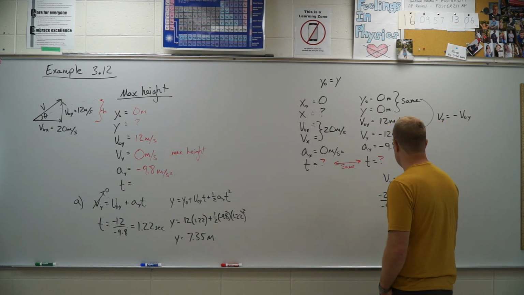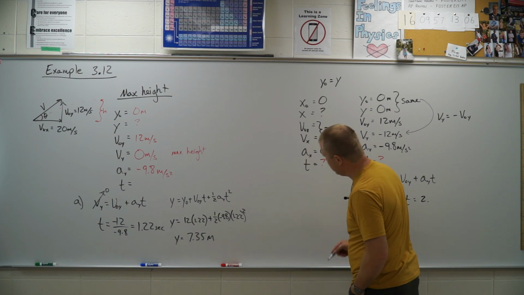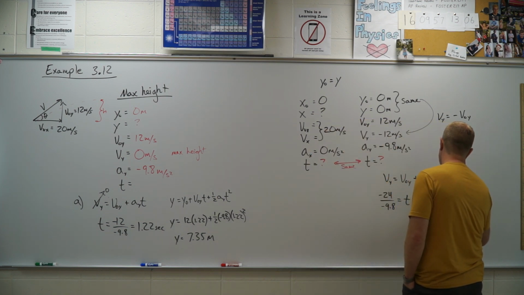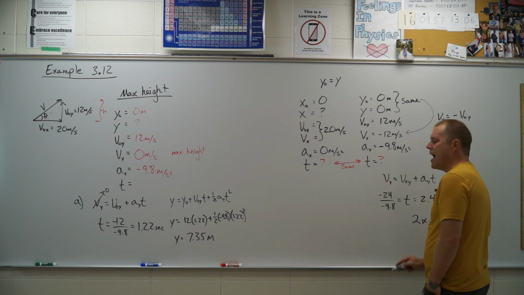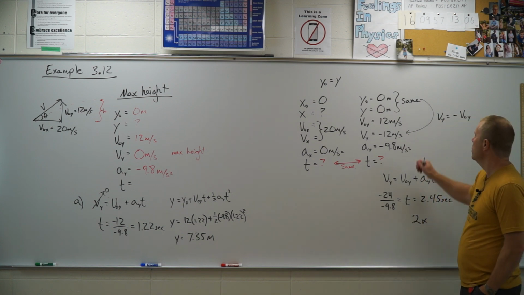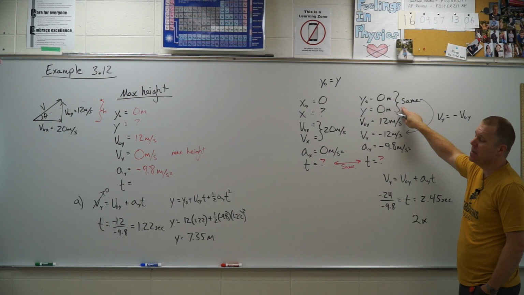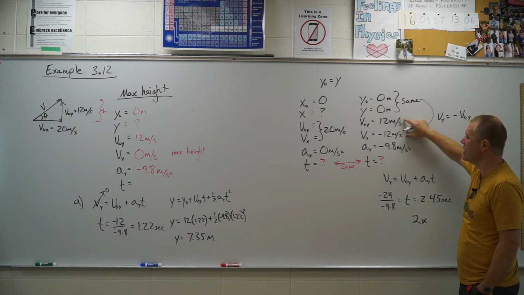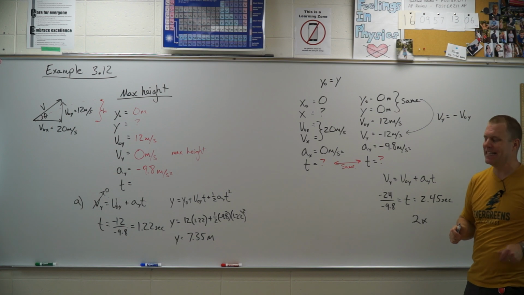And we should see that this comes out to be 2.44, I would guess, unless there were some rounding issues, 2.45, okay. And so we see that this time is 2 times the time to max height. And that is only the case if these two are the same. If it starts and ends at the same height, you get that symmetry. The time up and the time down will be the same.